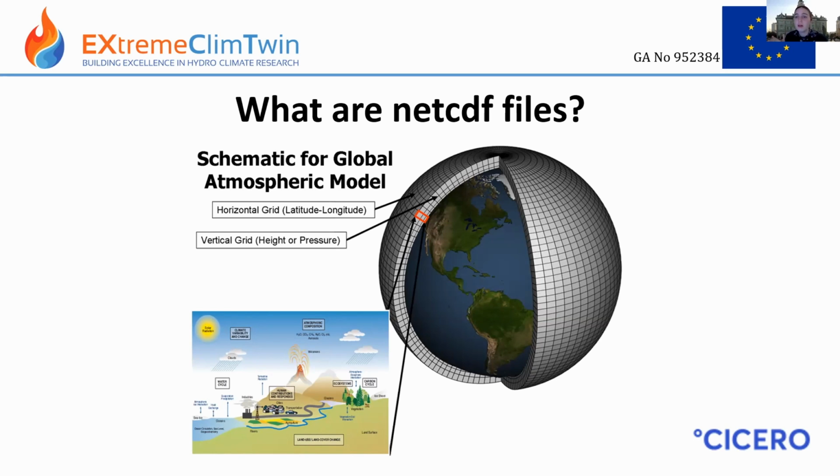So there are a lot of data for a lot of grid points, with horizontal, latitude and longitude, and vertical, height and pressure. And in addition, this is the snapshot from one point in time. A climate model, of course, runs to simulate how the climate will change over time for years.